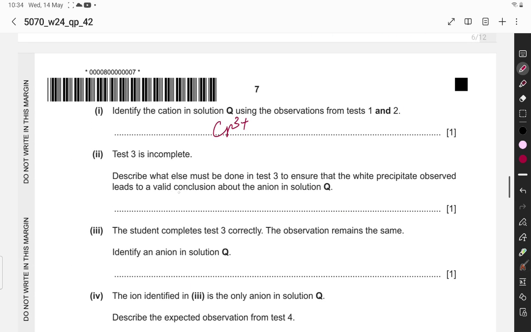Test 3 is incomplete. Describe what else must be done in test 3 to ensure that the white precipitate observed leads to a valid conclusion about the anion in solution Q. Add dilute nitric acid. The student completes test 3 correctly. The observation remains the same. Identify an anion in solution Q: chloride ion.